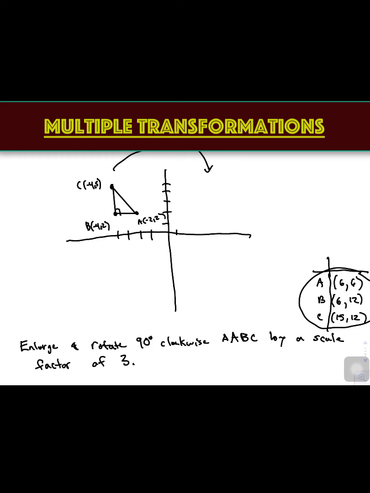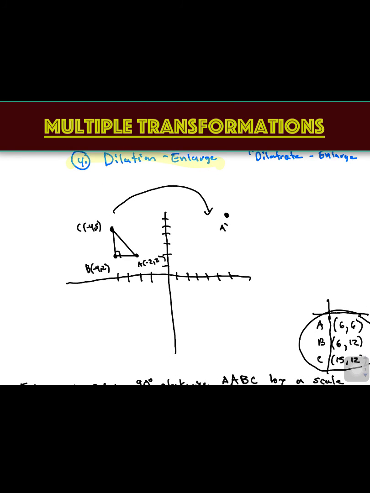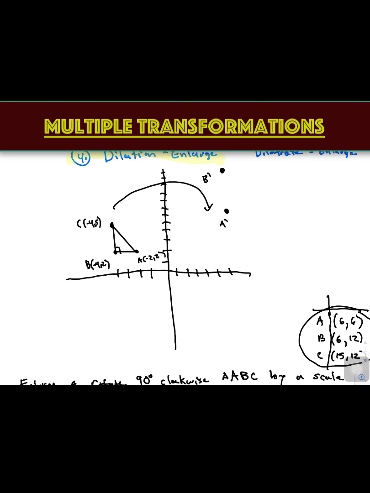So we go over 6, up 6. Our new point for A is right there. B, over 6, up 12. So we have B right there. Finally, C is going to be over 15, up 12.